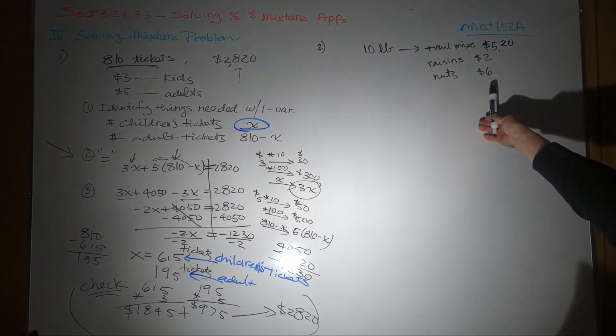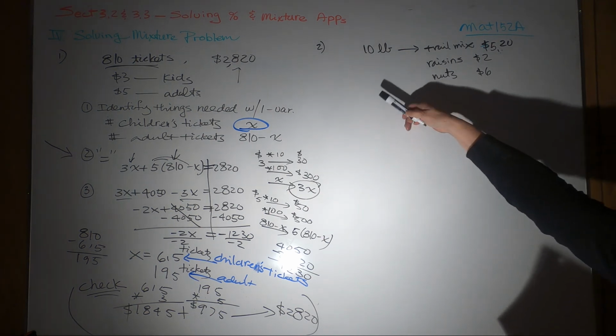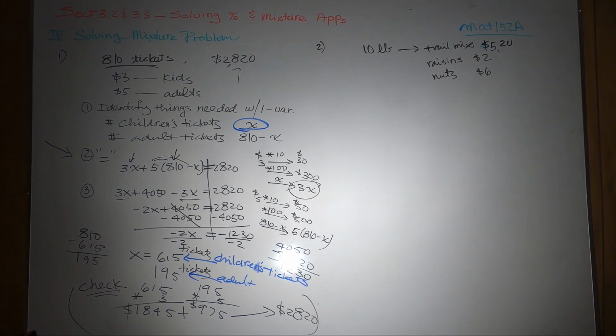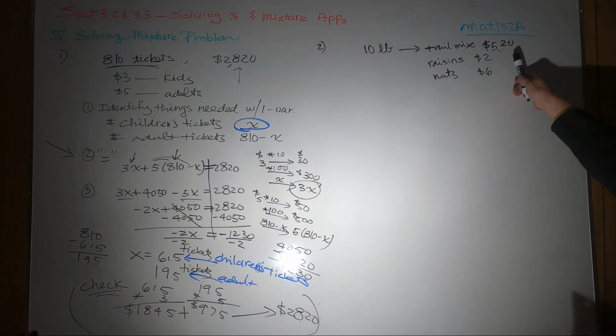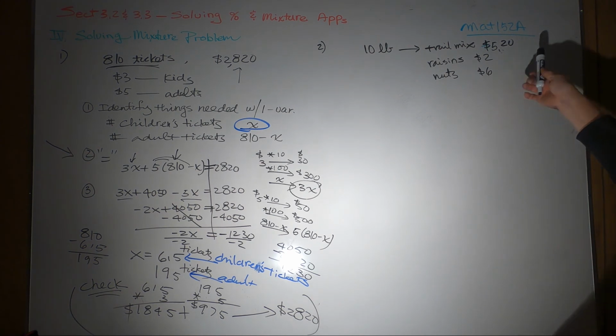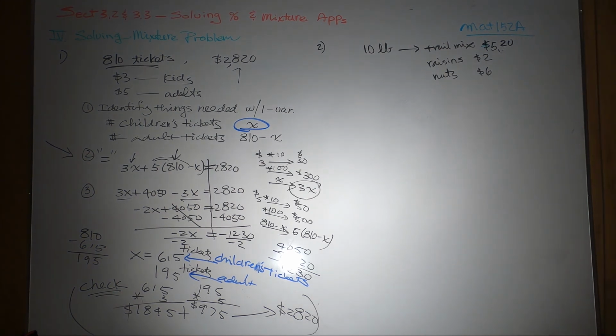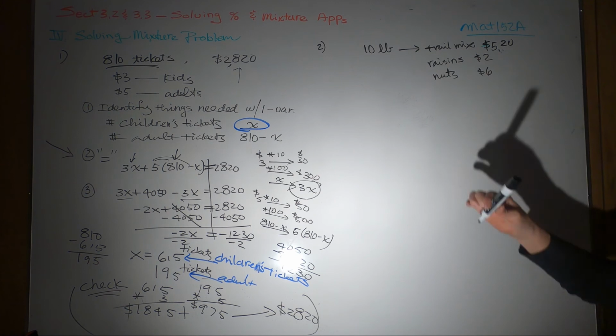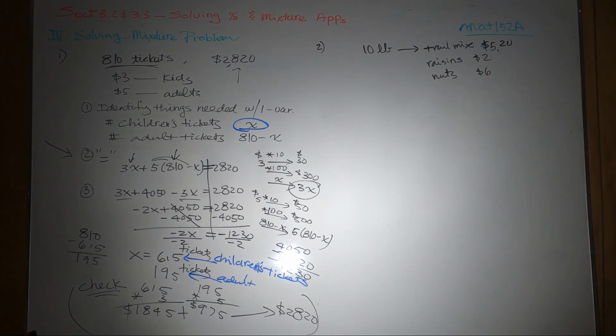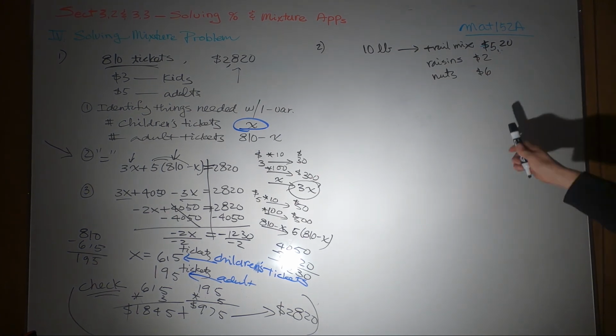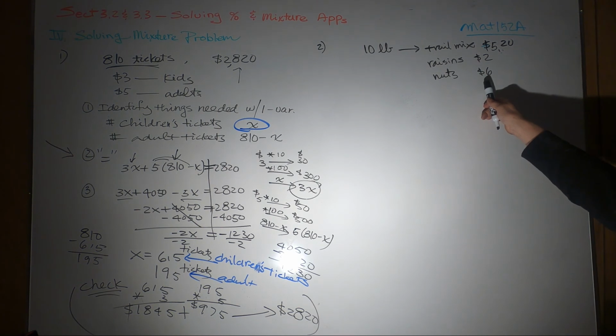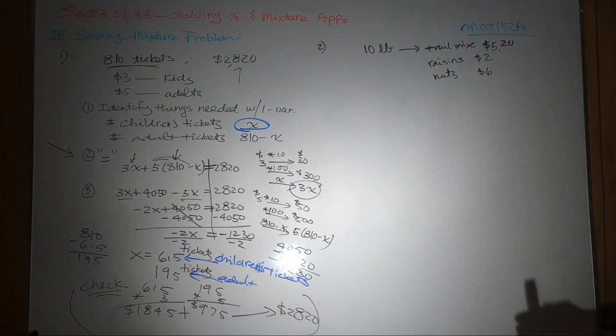If you put the nuts, $6 per pound, 10 pounds, that will cost you $60. But if you want to sell for $5.20 for a 10 pound bag, you cannot just sell raisins for that kind of trail mix. Nobody will buy it, right? If you put all the nuts in there, then it's costly for you, right?